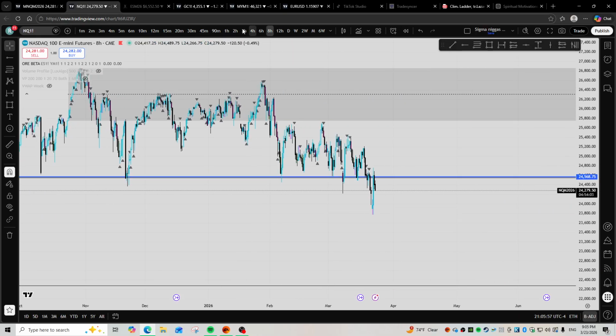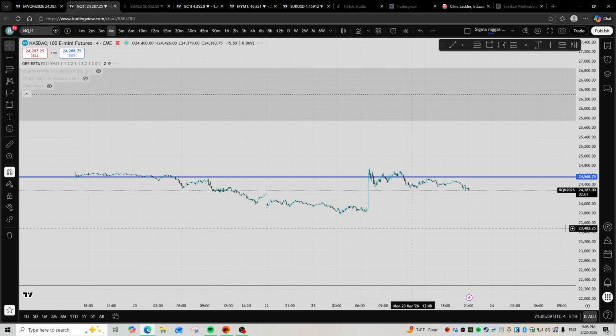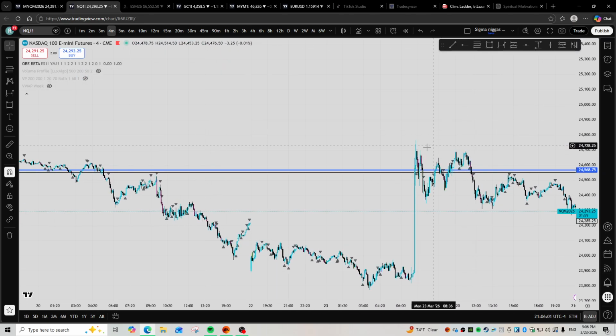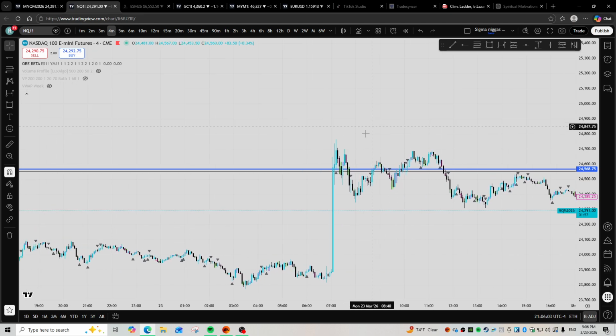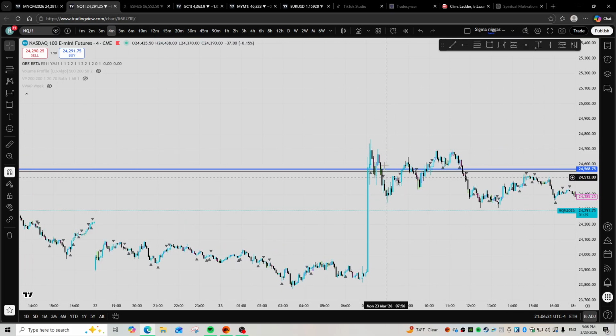Because here, at least, in our little 4-minute, obviously we have a clear order block here. Is that the difference? Is the order block the only thing that makes a difference? Because there are some instances where price doesn't have an order block there and it goes lower.